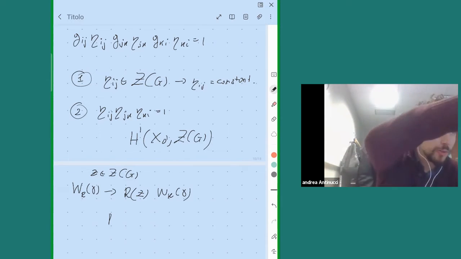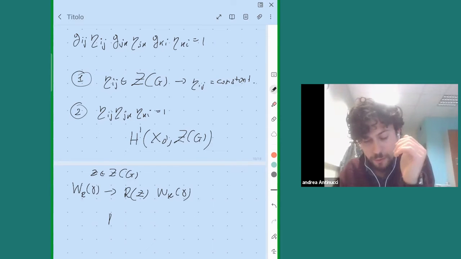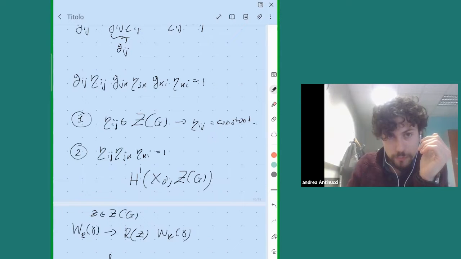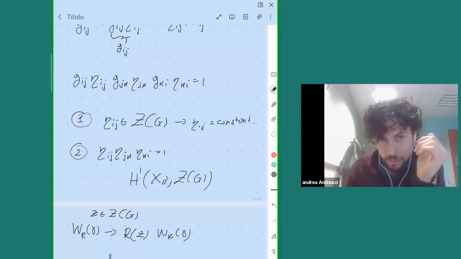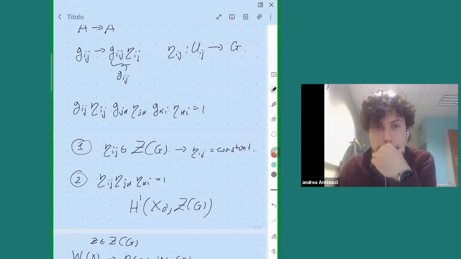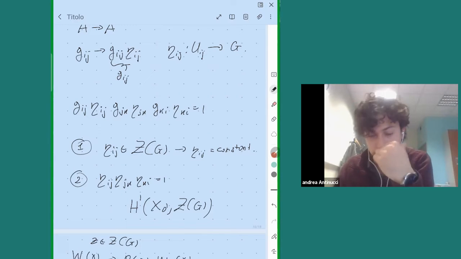Yes, you need it because of the first condition. It is the usual gluing condition. You require the gluing condition on the eta, and then this requires you to ask for eta to commute with everything else, or I don't know what's the order.